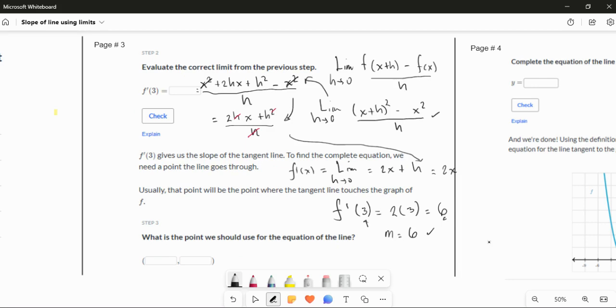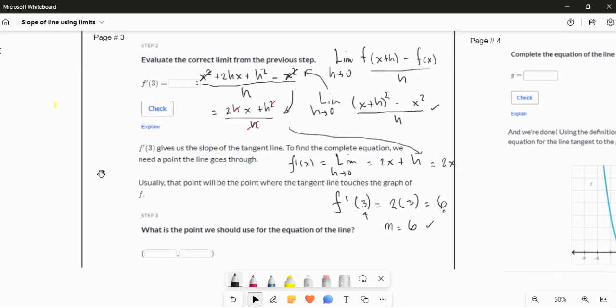That being said, now we say we need a point, right? We need a point to evaluate. And what is that point? I know that f of x is equal to x squared. And they're asking me to evaluate at a point x equals to positive 3. So what am I going to do?